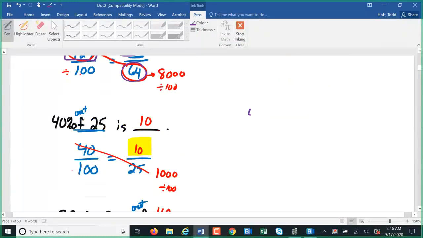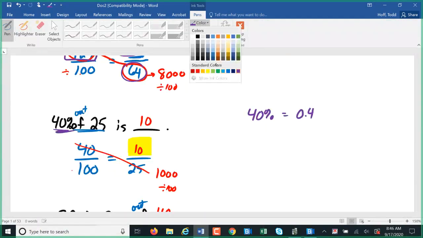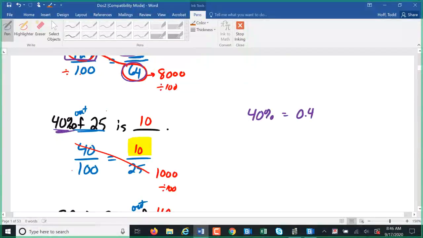Here we have a percent of 40%. Convert that to a rate of 0.4. And even though this problem looks very different, what we were given here, the 25, is still the base. So we take our base of 25 times our rate of 0.4, and that does give us 10. So that was very quick and simple for those examples.